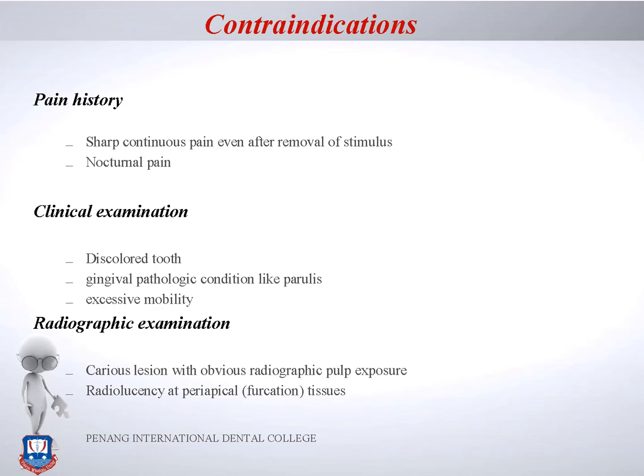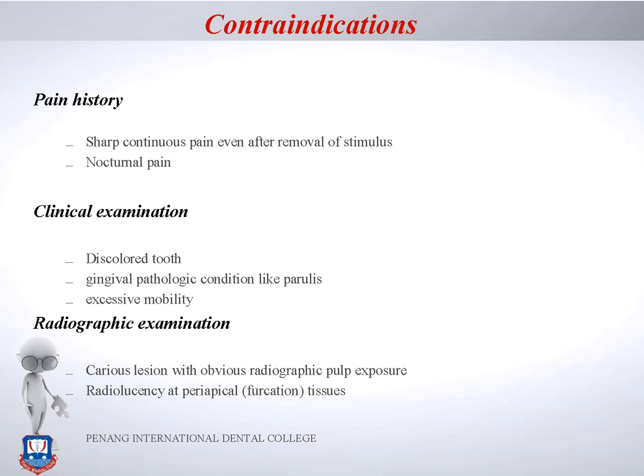And of course, the contraindications are any signs of irreversible pulpitis. That means there is nocturnal pain or lingering pain. If you have a discolored crown which is indicative of pulpal necrosis, cannot do. If you have a draining sinus, you cannot do it.